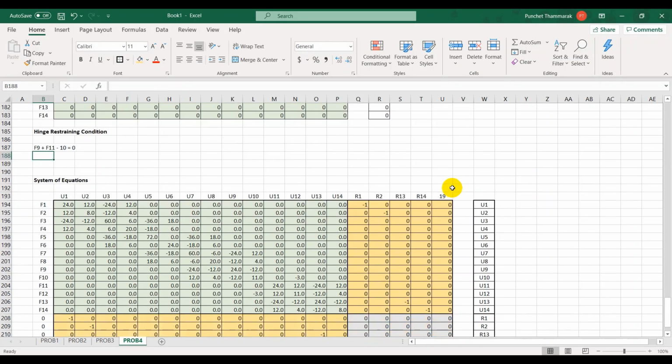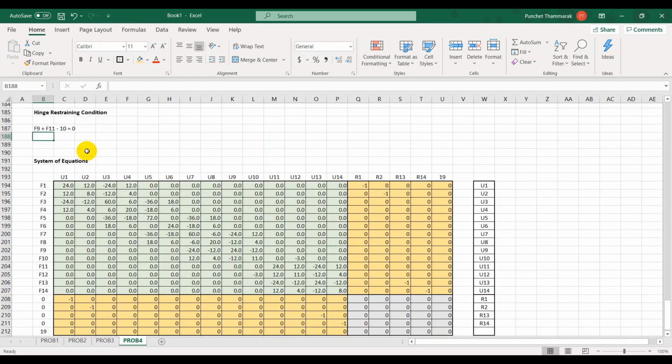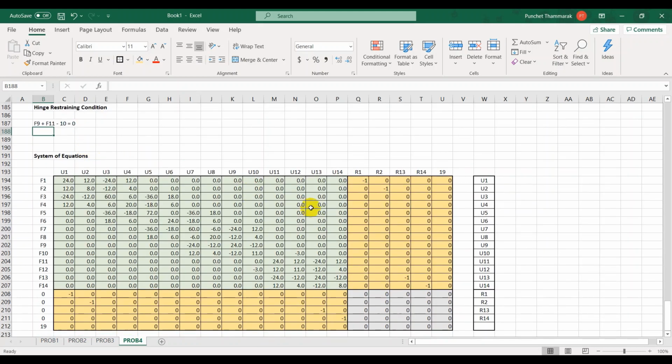So it depends what you want to do. I think we can say that F9, make it F9, yes. So I make F9 the unknown.